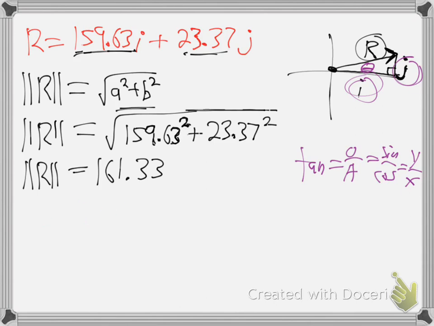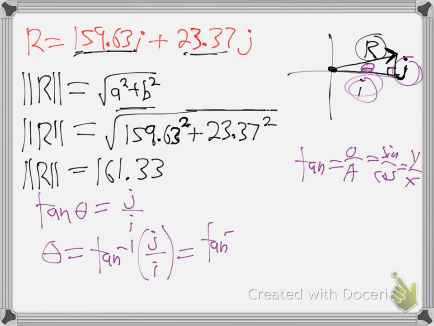So over here, let me do it slower. Tangent of the angle theta is always going to be the j over the i, right? Opposite over adjacent, j over i, or sine over cosine, y over x. It's all the same stuff, just said in different letters and different ways. So theta is inverse tangent of j over i.